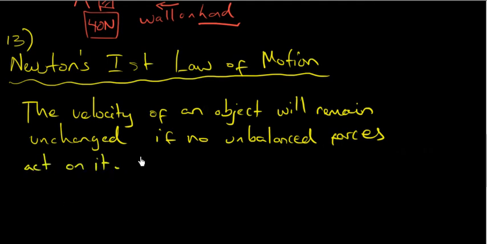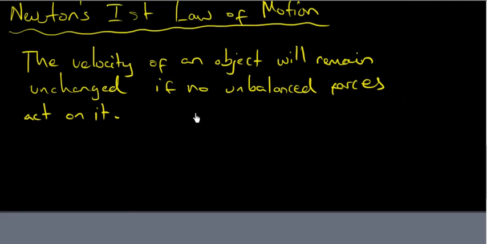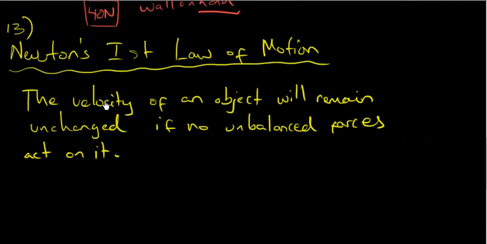Or another way of saying it is the velocity of an object will remain unchanged unless an unbalanced force acts on it. Same thing. So this velocity, note that that velocity doesn't have to necessarily be bigger than 0. It could be 0. Right? So always have this in mind.